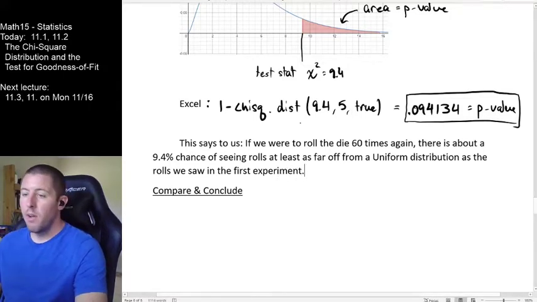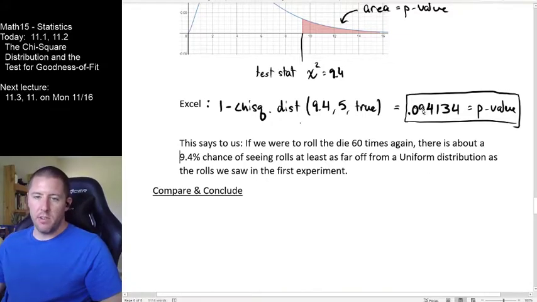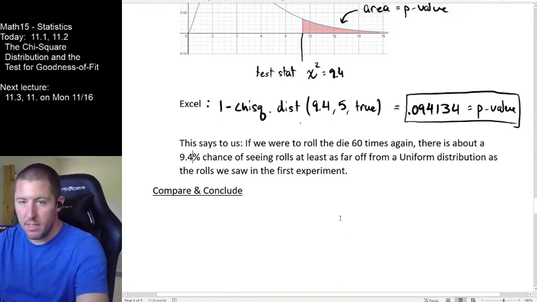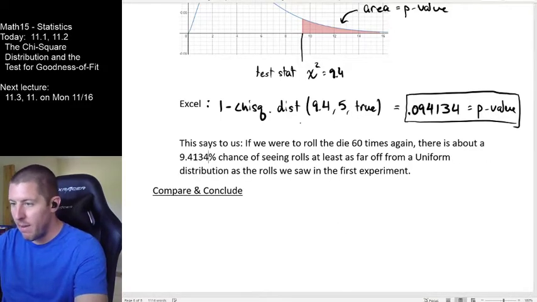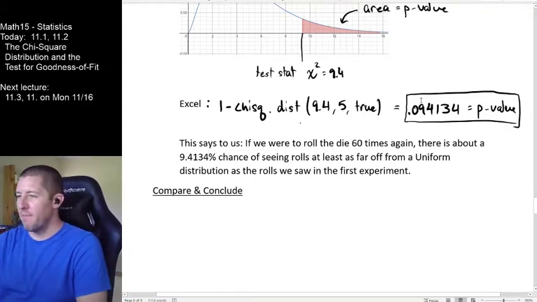All right, so this says we did this whole dang experiment again. There's a 9.4% chance, right? There's my 9.4% chance. This is just a coincidence that these numbers came out to be so closely related. That 9.4 and this 9.4 is a total coincidence. I'm even going to write that.